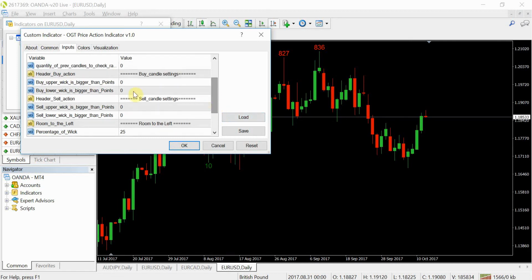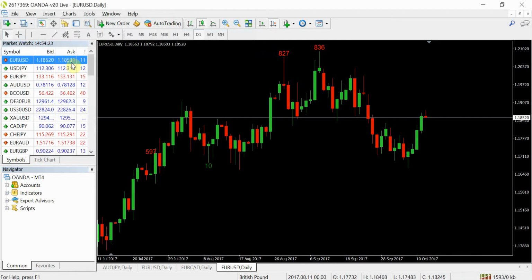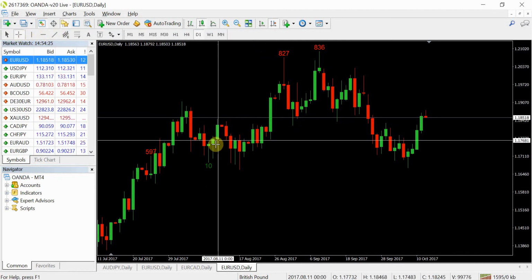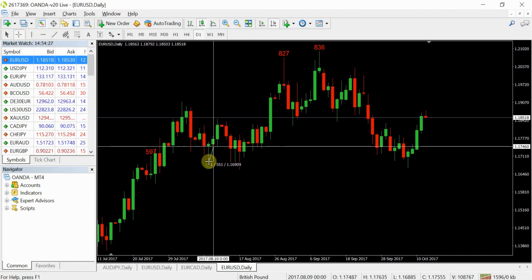Now this here I don't really use, but you can use it. What this is effectively showing you is that if you want a predetermined size of a wick, for example, let me just take one here that shows there. So this wick here is about 60 pips, let's say.